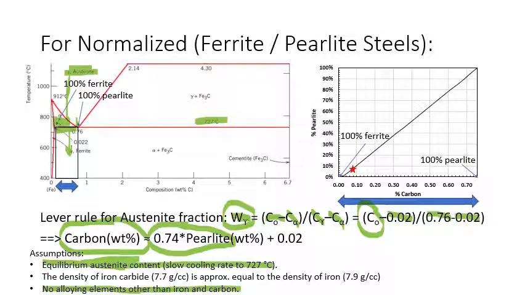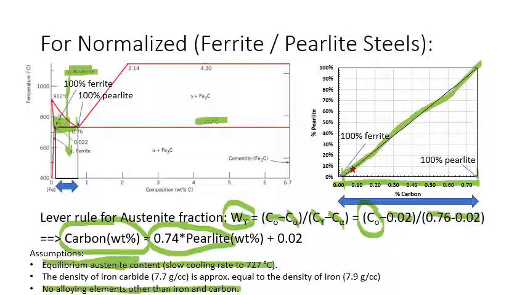Now we're determining the carbon content from the pearlite content, and we can easily plot that, and I've plotted that here, from 0.02 up to 0.76. The increase of the amount of pearlite with the increased amount of carbon is linear.